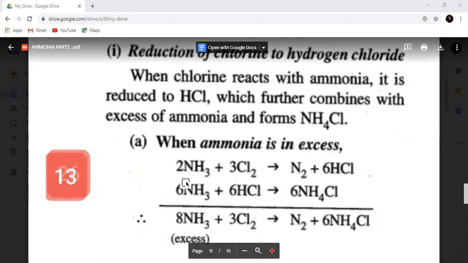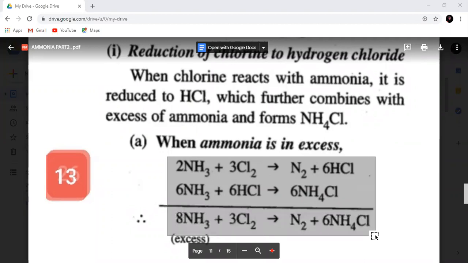How does the result come? 2 molecules of ammonia react with 3 molecules of chlorine. There will be a formation of N2 with 6 molecules of HCl. Then 6 molecules of ammonia with the 6 HCl result in ammonium chloride, that is a white solid.